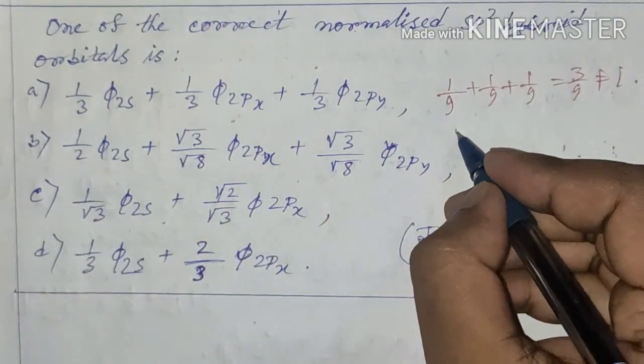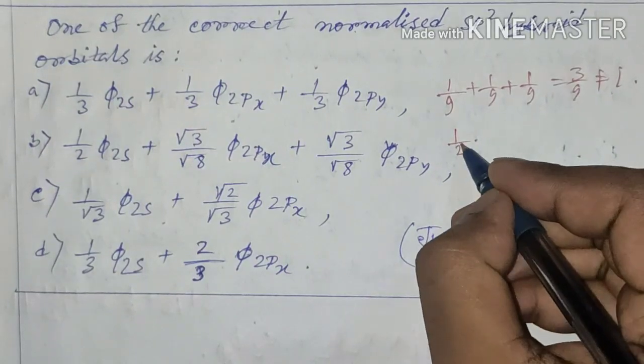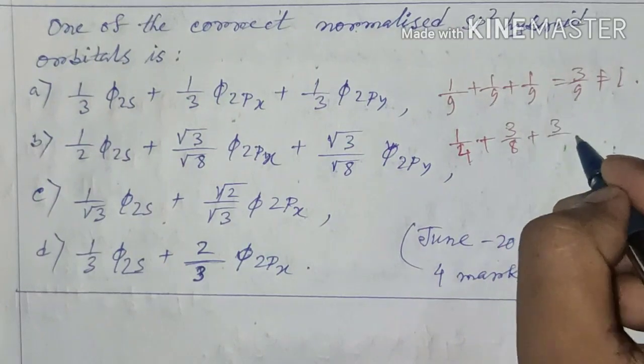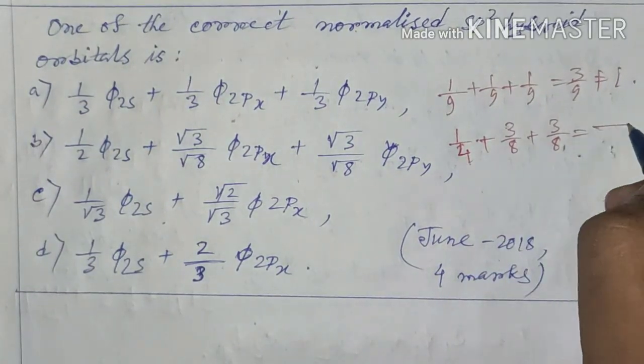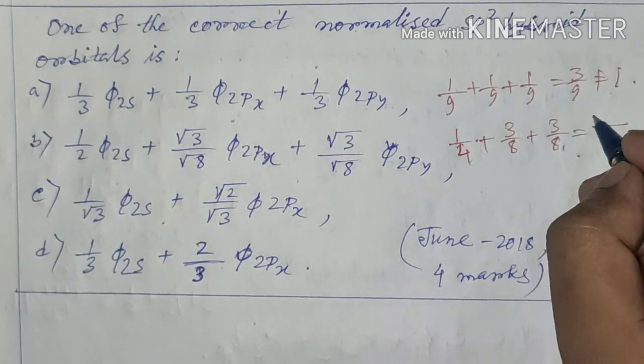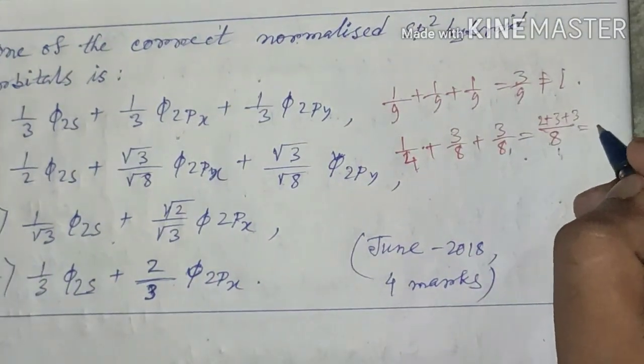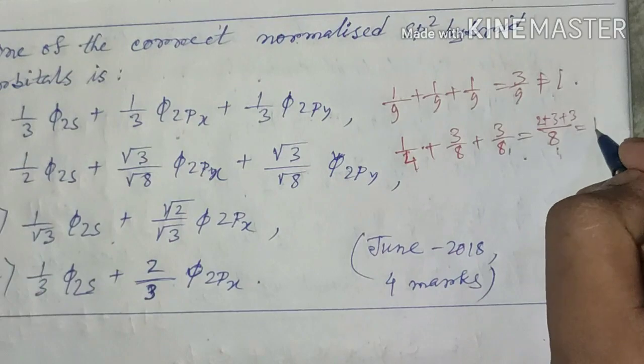In this case, 1 by 4 plus 3 by 8 plus 3 by 8, the summation will be 2 plus 3 plus 3, that is 8 by 8, so it is 1.